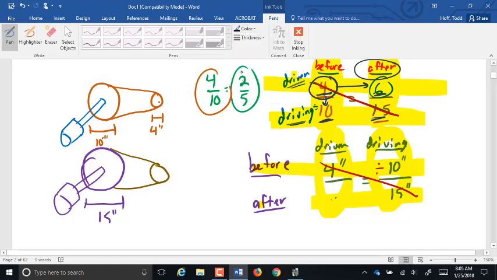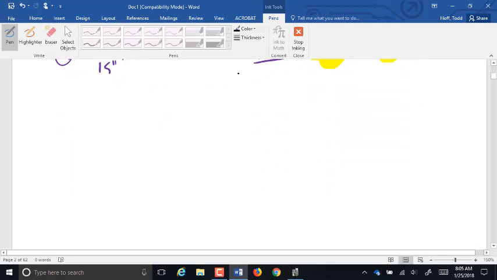So if you're not sure how the ratio should be set up, whether it should be 4/10 or 10/4, if you're using it to find another gear or pulley, it doesn't matter which one goes on top. What matters is that you set them both up the same way. They line up. Probably the best illustration of that is in similar figures.